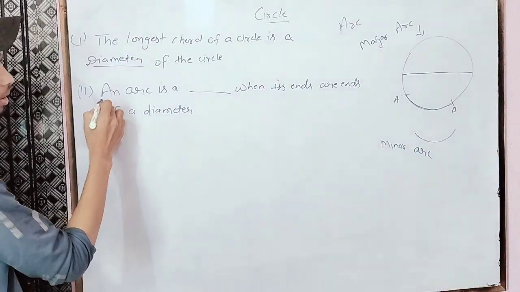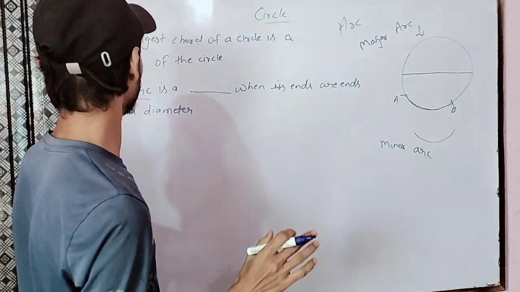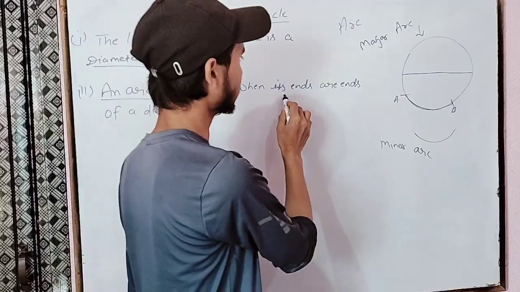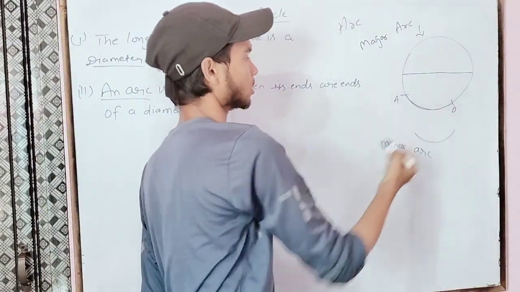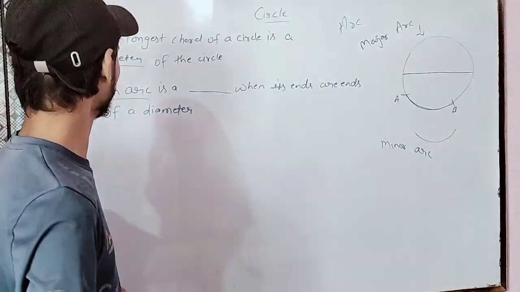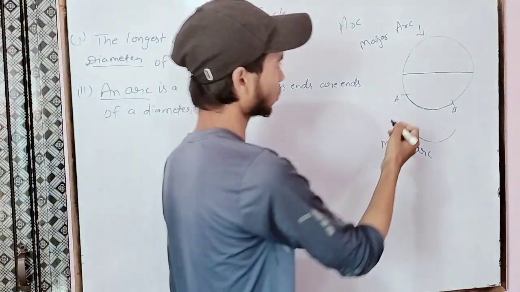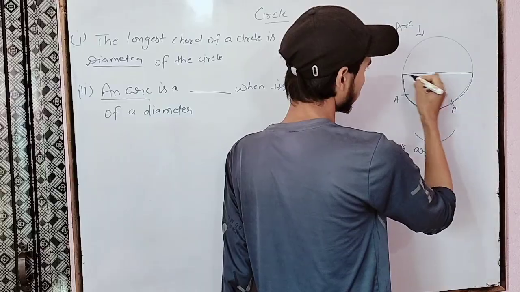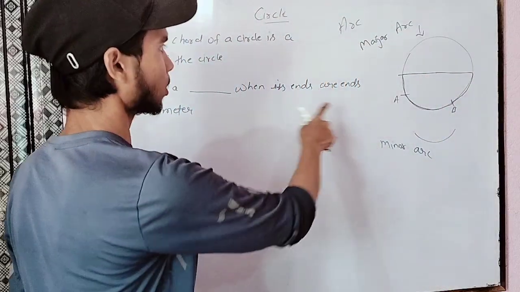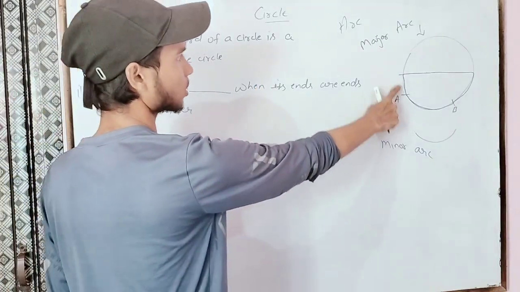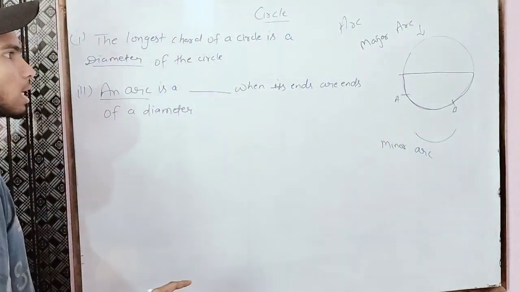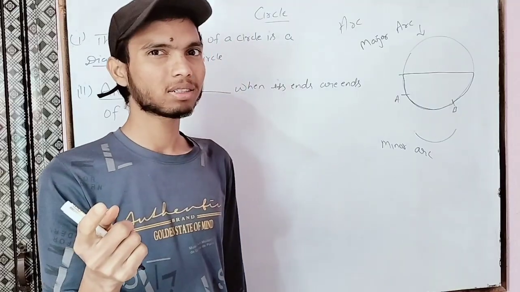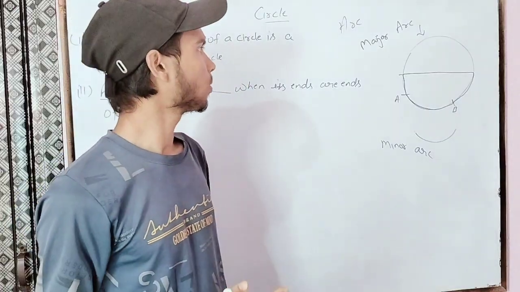It is saying an arc whose two ends are the ends of a diameter. So this arc is going from here to here. This statement is talking about this arc. This is a semi arc.